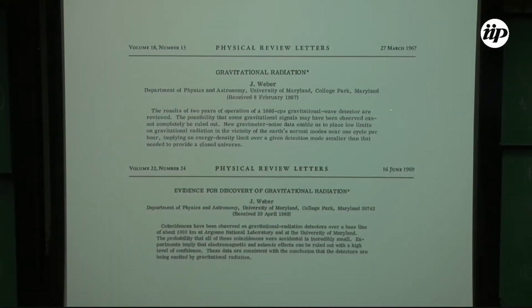And as you know, a few years afterwards, he was claiming detection evidence for discovery, particularly after he managed to get 2 bars, one in Maryland and the other in Oregon, separated by 1,000 kilometers, and looking for coincidence of events and doing time shifts, which, by the way, is something that is still done with interferometers.